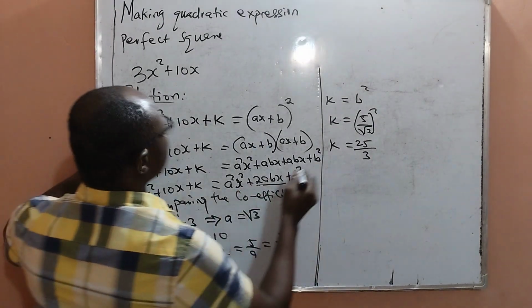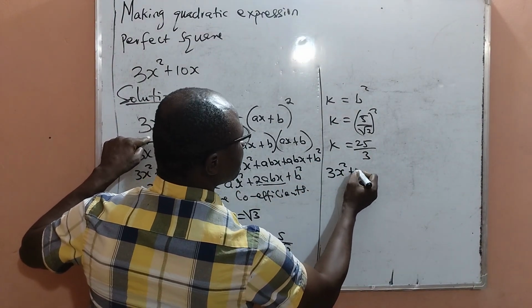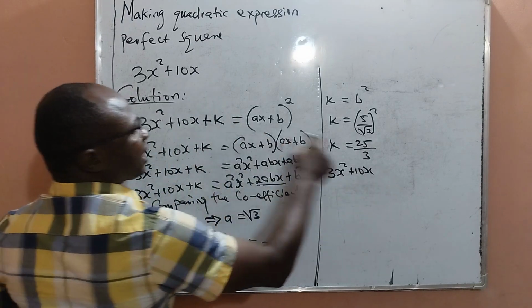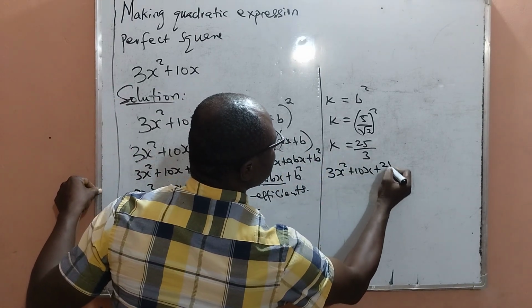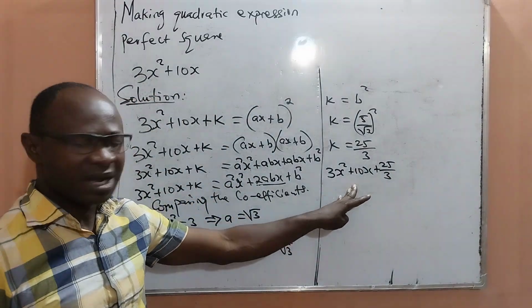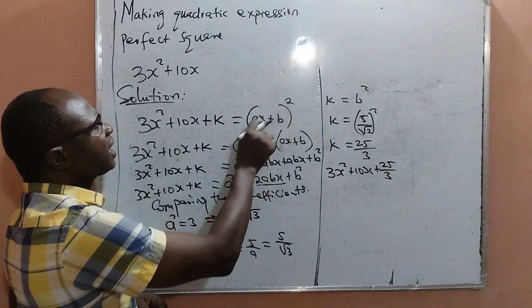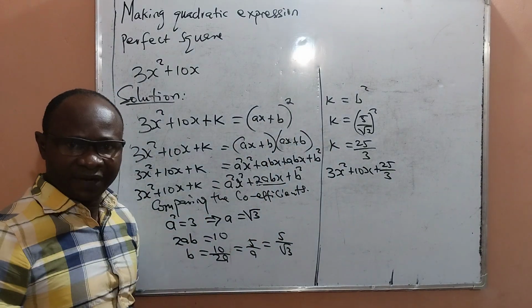Therefore, our answer in conclusion will be 3x squared plus 10x plus k, and the value of k now is 25 all over 3. This is the complete perfect square. And remember, when you factorize it, it will look in this form. And what is the value of a standing for?